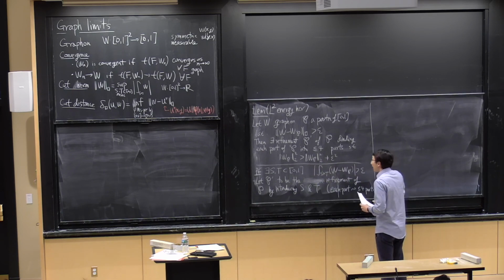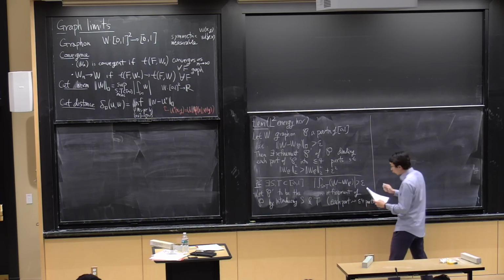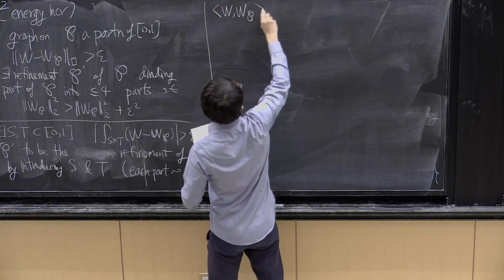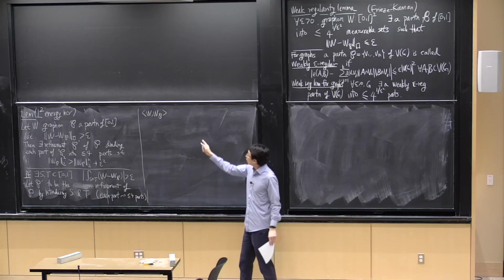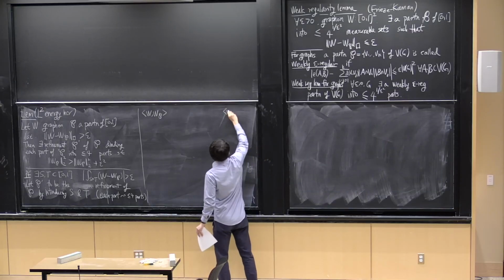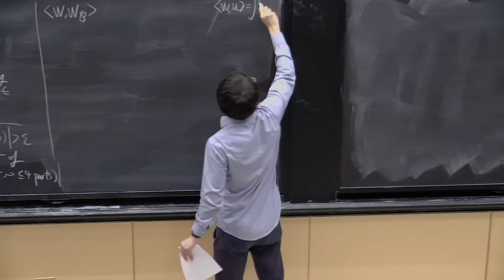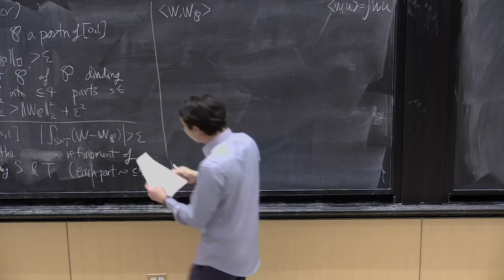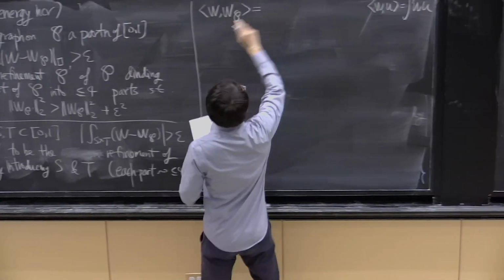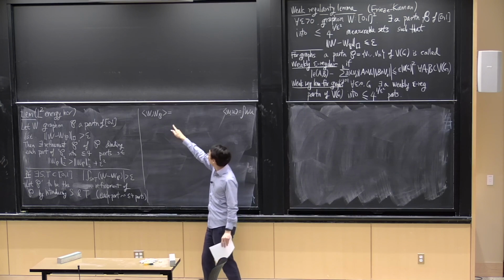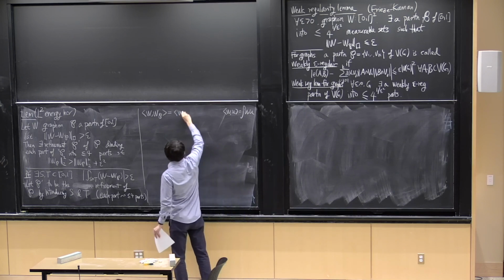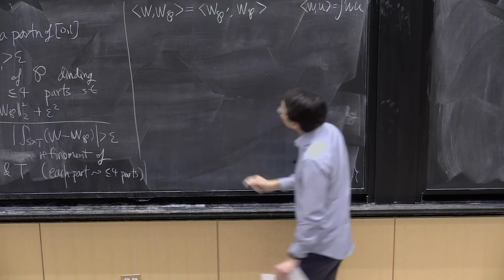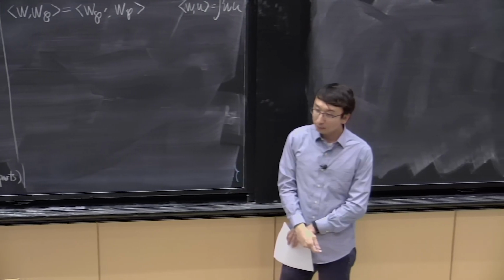I now need to show that I have an energy increment. To do this, let me first perform the following calculation. Remember, this symbol here is the inner product obtained by multiplying and integrating over the entire box. I claim that that inner product equals the inner product between W_P and W_P prime.